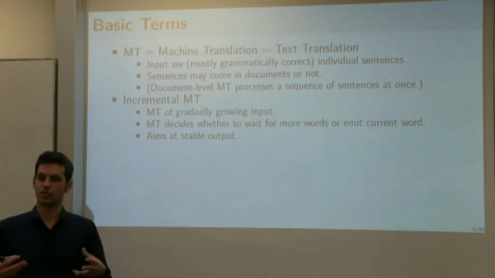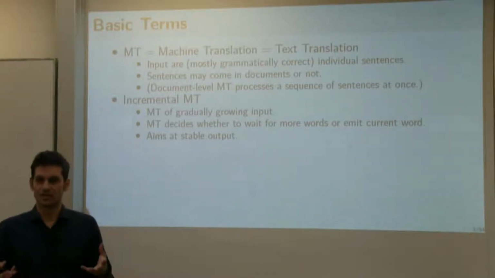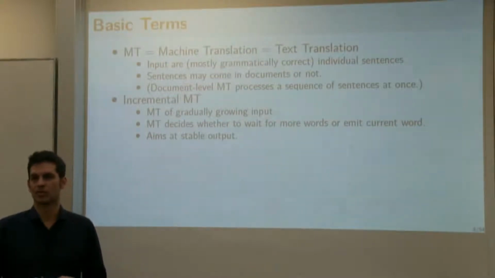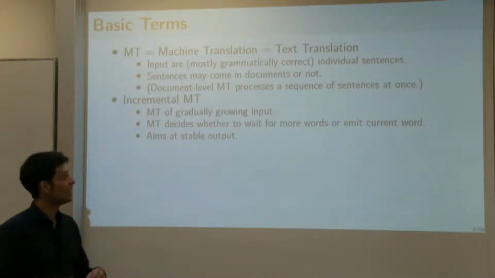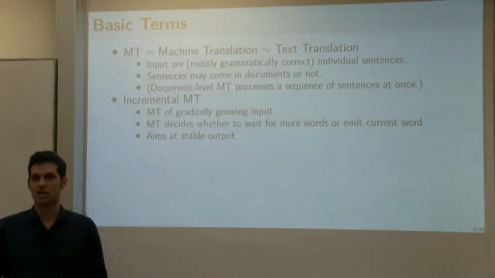So if you have shown your partial output to the user, then suddenly the whole output may change, and that will be very annoying or distracting, so the user would not be able to follow this changing text too much. So the main aim of incremental machine translation is to provide the stability of the output.